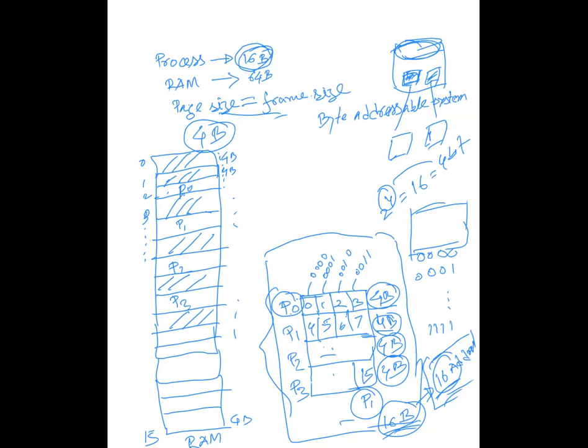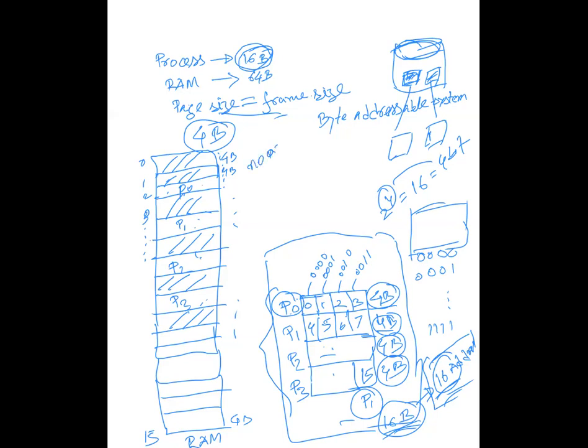Then this process is inserted inside your memory or RAM, but you see these pages are in different locations. They are not in contiguous locations. It is understandable. This is non-contiguous memory allocation.